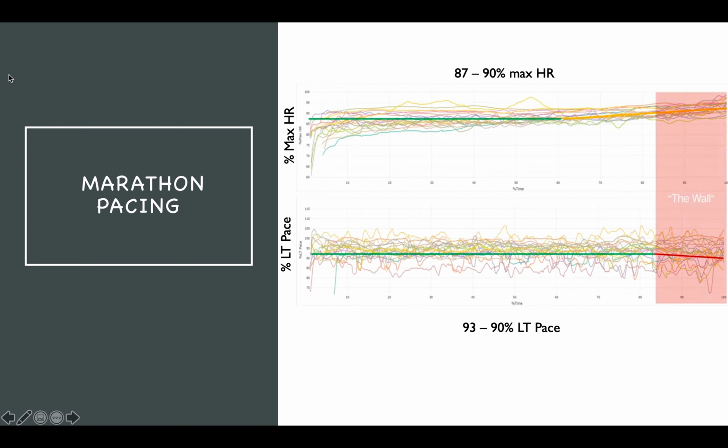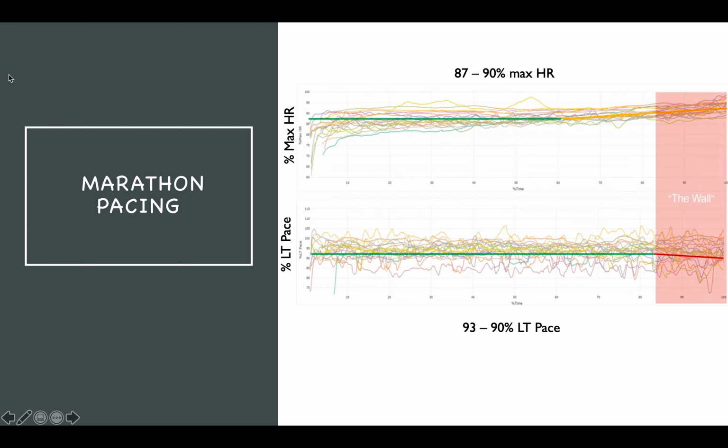So the top graph was looking at percent of max heart rate, and on the x-axis that is percent of time, percent of marathon time. And what he found was that in these high-level recreational runners for the marathon, they averaged anywhere from 87 to 90% of max heart rate.